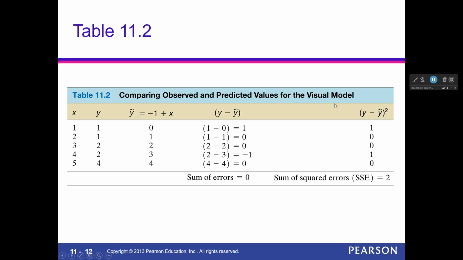Here you can see what we were talking about. For the sum of errors, you take the actual value of y and subtract the estimated value, y hat. So y minus y hat: 1 minus 0 is 1, 1 minus 1 is 0, 2 minus 2 is 0, 2 minus 3 is -1, 4 minus 4 is 0.